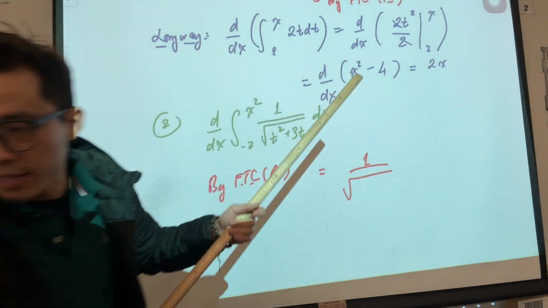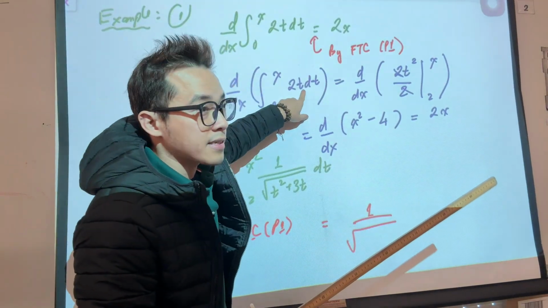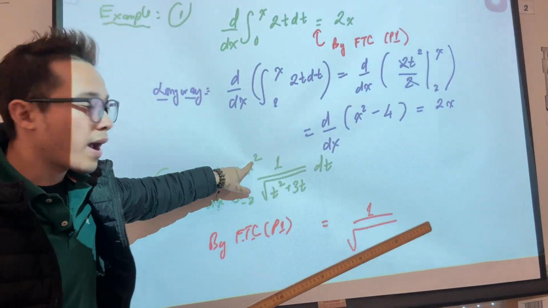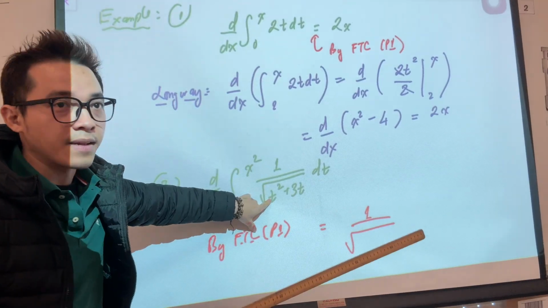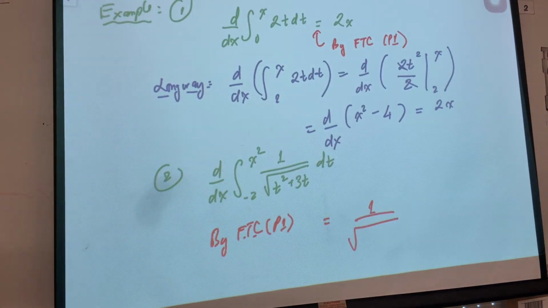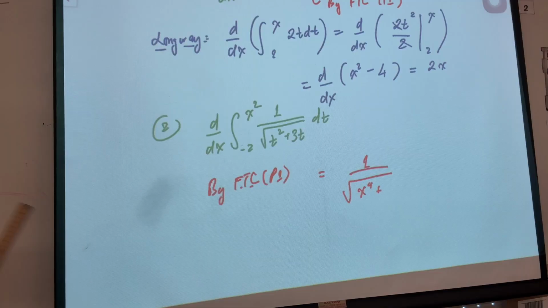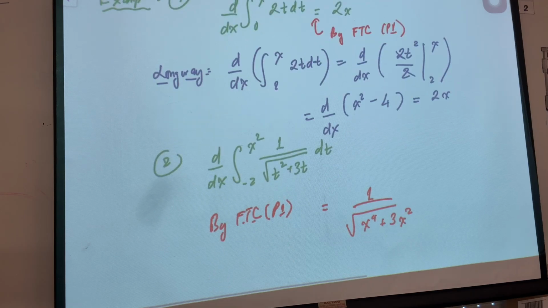This one is only x, so when you plug it in here, it's still x. But this one is x squared, so when you plug into the t, x squared again, it's going to be x to the 4. Good job. So x to the 4 plus 3x squared. Very good. This is by FTC. Not that bad. Are we done though?